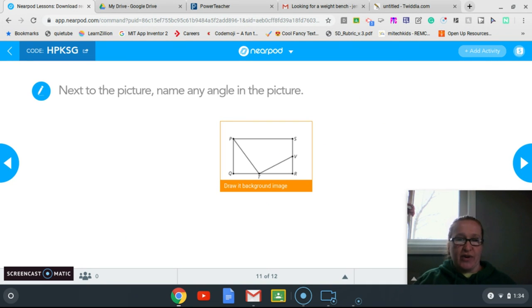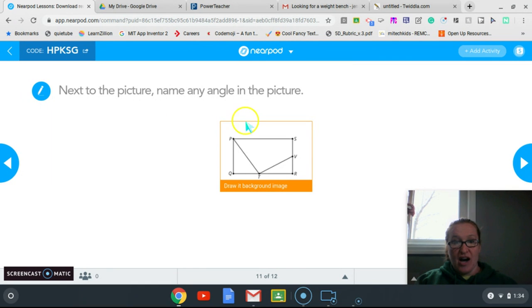So if you look at my picture right here, excuse me, there are lots of points that are labeled. We have P, S, R, and Q, T, and V. Those are all points. And if I said, hey, I want you to name an angle, I could say, hey, look at angle PQR.